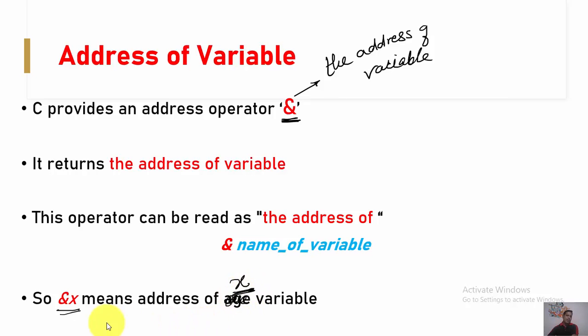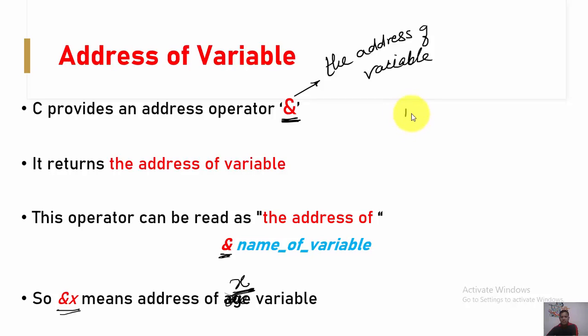The address of variable operator is also pronounced as ampersand, and it is read as the address of. So address of x here.